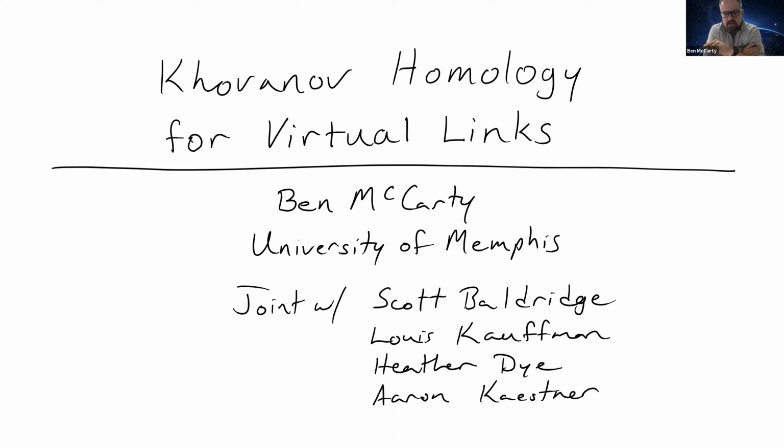And it was a couple of years later, in 2001 or so, that Bar-Natan came out with his paper describing Khovanov homology, relating it to the Kauffman bracket, and built up a framework and actually wrote a Mathematica program for computing Khovanov homology for classical links. So within a couple of years of Khovanov coming out with his theory, you've got a program for computing it that's been written by Bar-Natan.